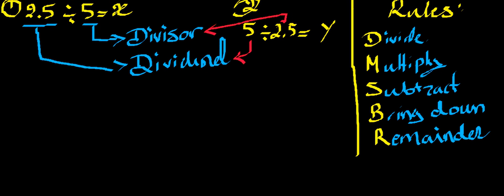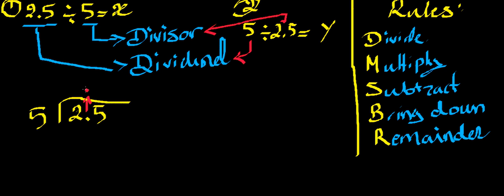So number 1, we want to put this in a long division format. So it would be 2.5 long division 5. So in this case, what we will do is simply place a decimal point in our quotient area, right above where the decimal point is in our dividend.